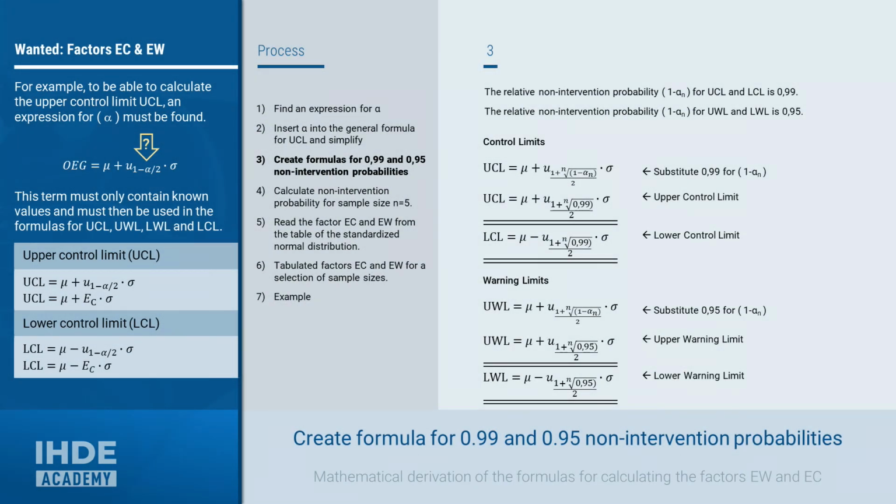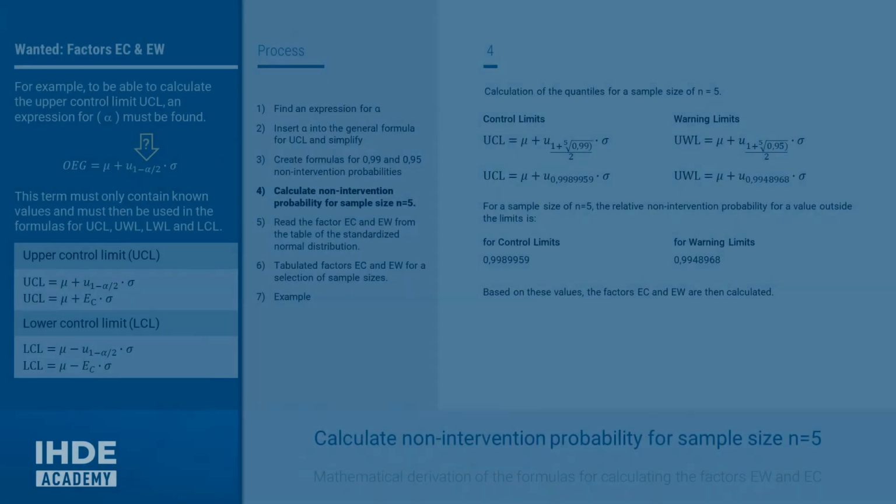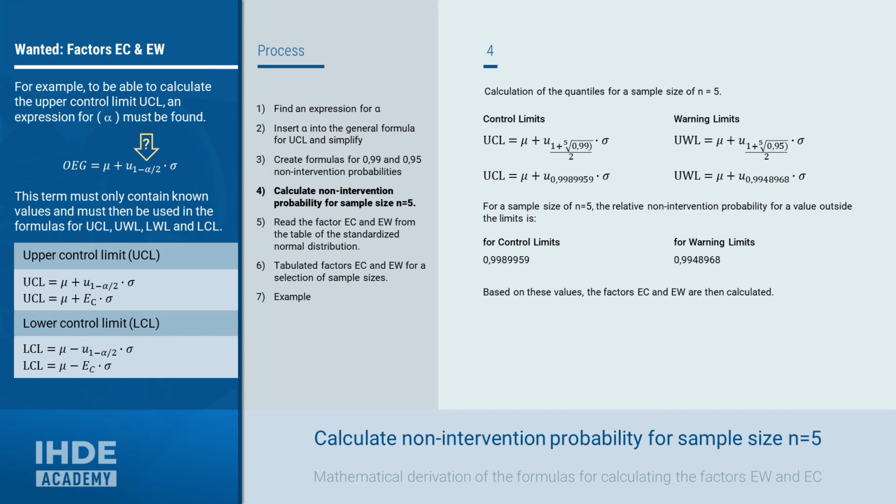With the formula that has just been found, the non-interference probabilities can now be calculated specifically for an individual value. For this, the overall non-interference probability in the process, for example 99%, must be specified. This is exactly what happened here as an example for a sample size of 5.